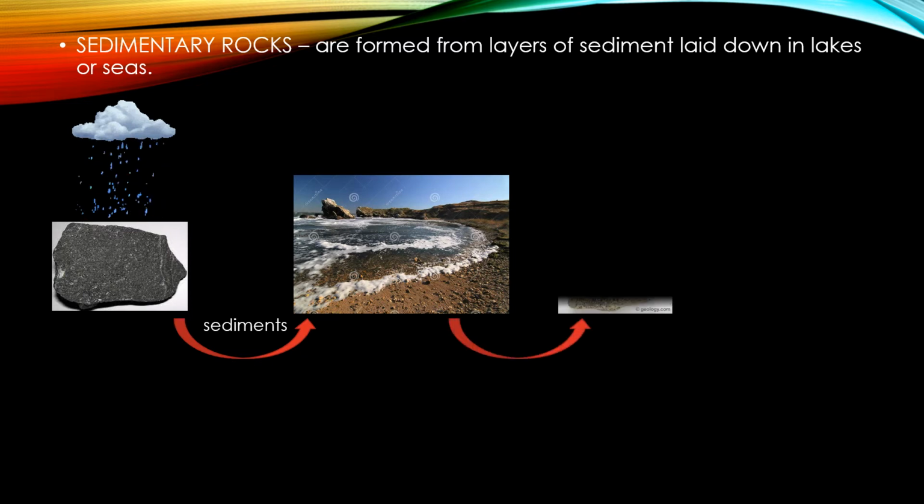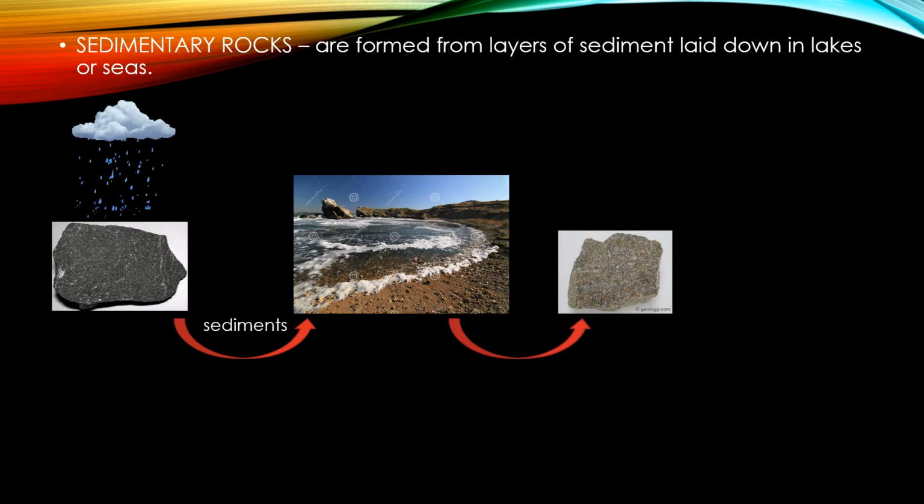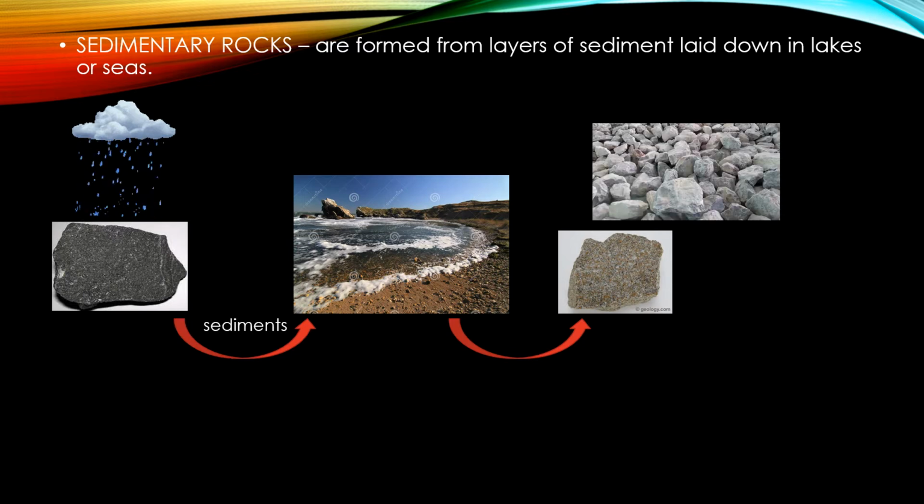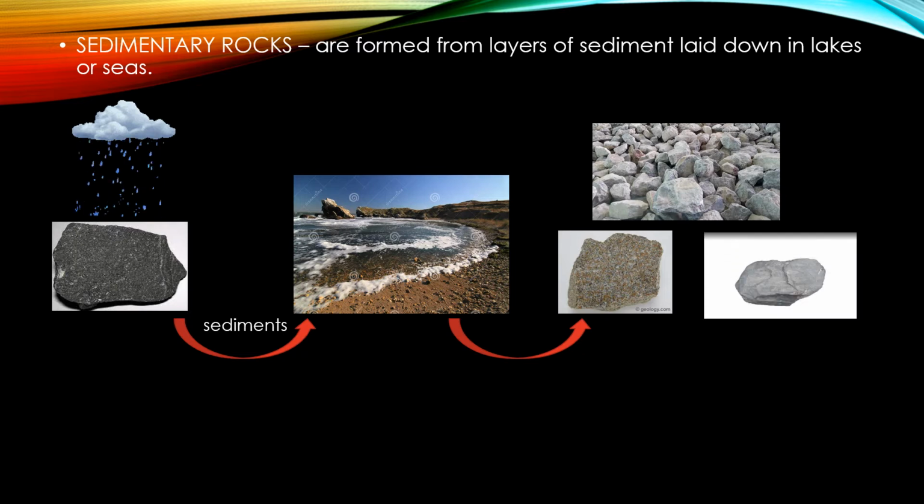These are examples of sedimentary rocks: sandstone, limestone, and mudstone. If you can see its appearance, it is lightly light, while igneous rocks are lightly dark.